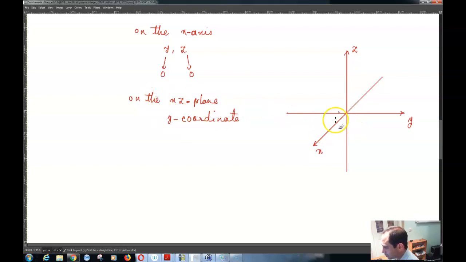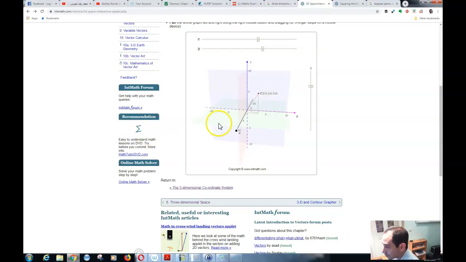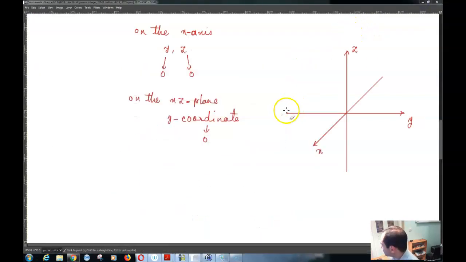So if the point is on the xz plane, of course the y-coordinate is 0, because the point is simply on the xz plane, meaning this orange plane over here, and you can see that if the point is on this plane, of course you have 0 intercept on the y-axis, so the y-coordinate is going to be 0.